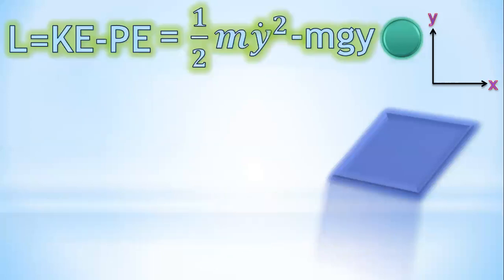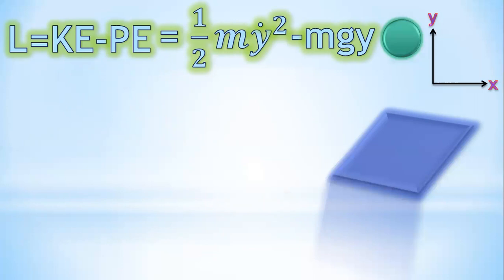I should derive L with respect to y dot, then the answer with respect to time. After that, I must derive L with respect to y. Then substitute each term in its convenient place in the Euler-Lagrange equation.